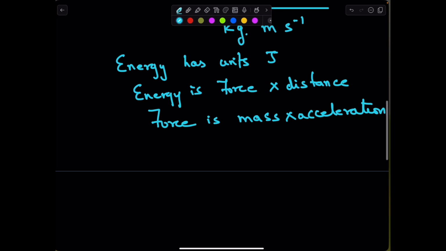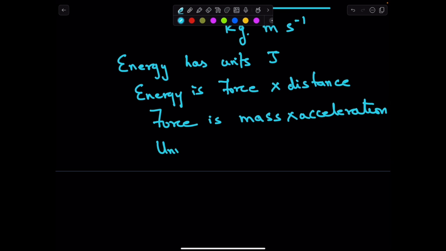So, unit of force is kilogram times meters per second square.